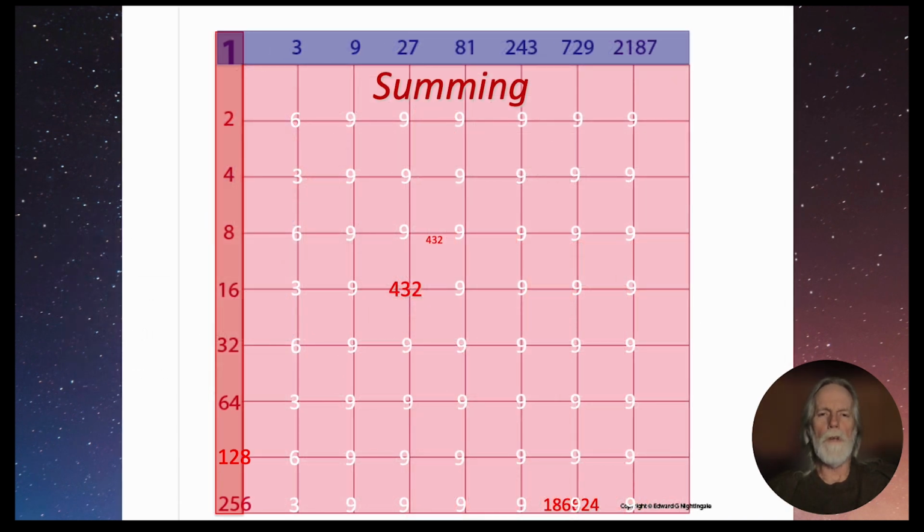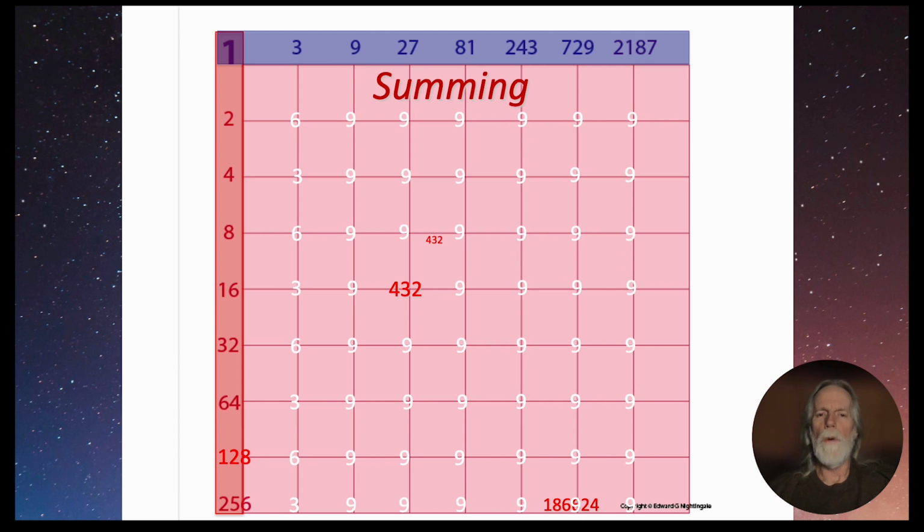Here we'll look at the summing of the natural numbers. So the digit sum of any number, for example 432, is a sum of the digits 4 plus 3 plus 2 equals 9. If the sum of the digits is greater than 9, then the process is repeated.